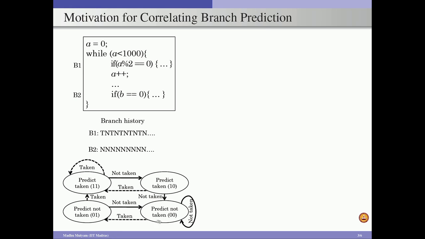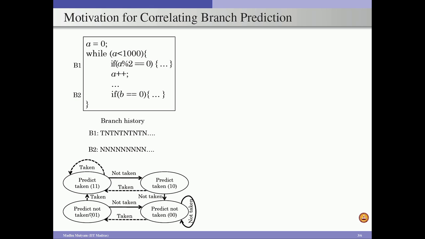0 is predict not taken, 1 is predict not taken, and 1 is predict taken, and 1 is predict taken. So, whenever the state of the branch instruction is 0 or 1, we predict that the branch is not going to take place and we proceed further.